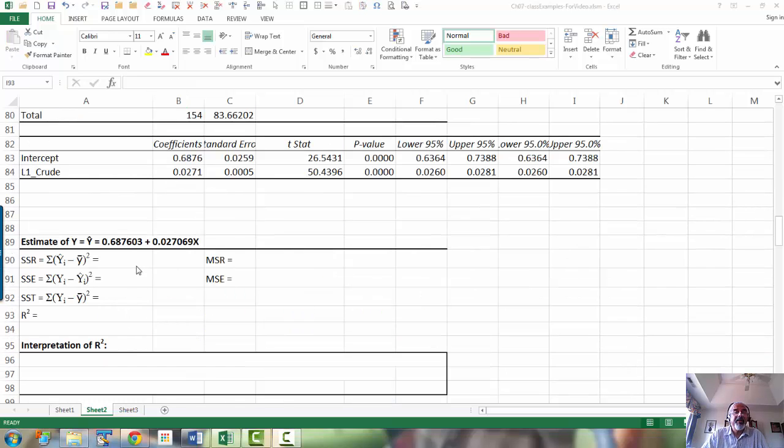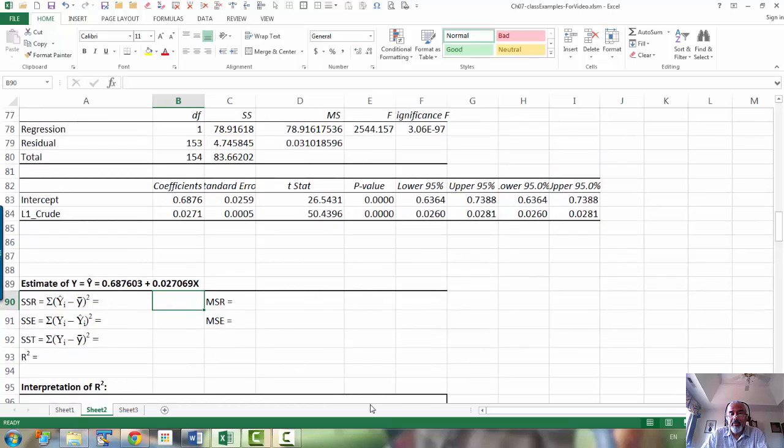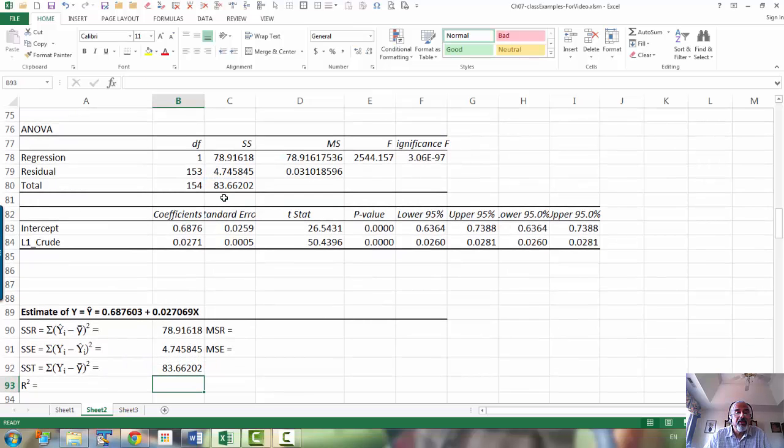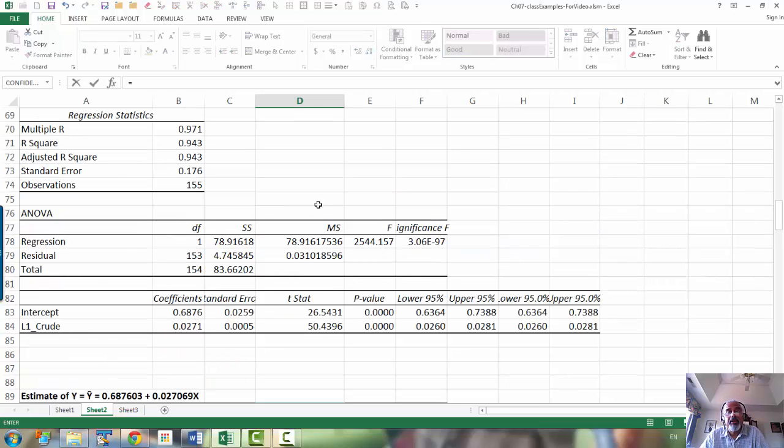Now, from the data analysis output, we have the estimate right here, and remember SSR is that cell, regression SS, where SS is sum of squares. Now SSE is the residual. Remember, residual is another name for error, and SST is that cell. Now MSR and MSE are here.